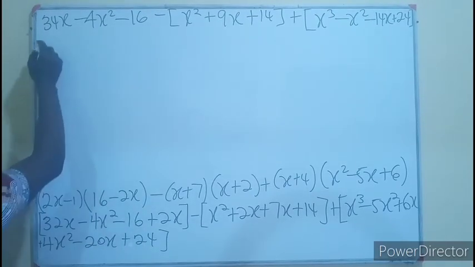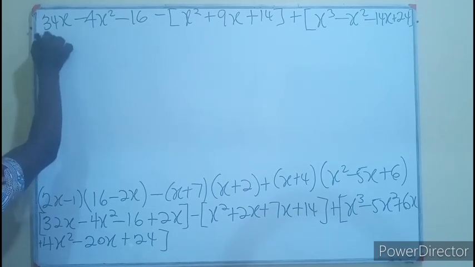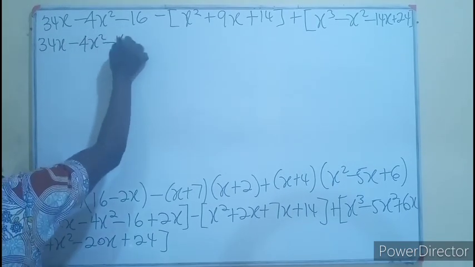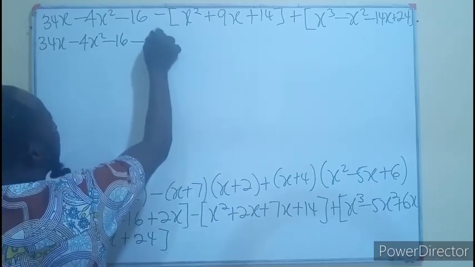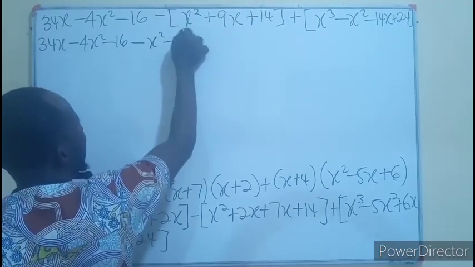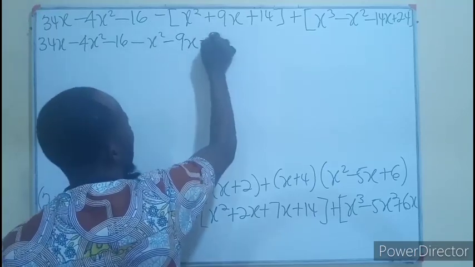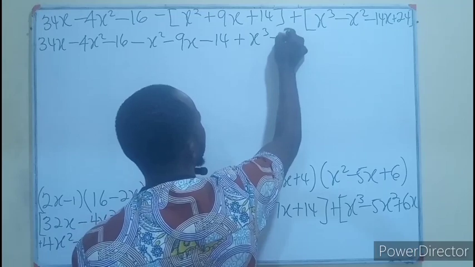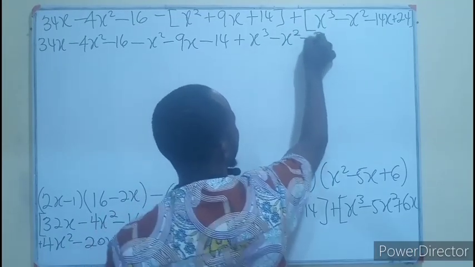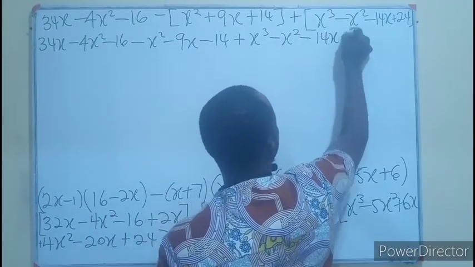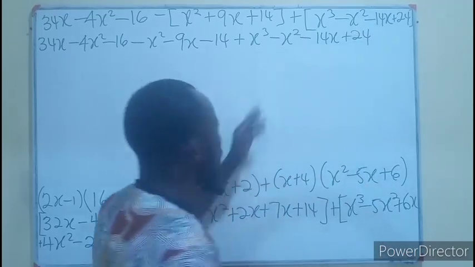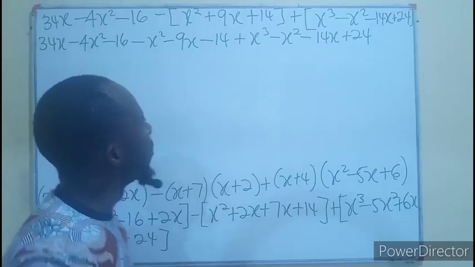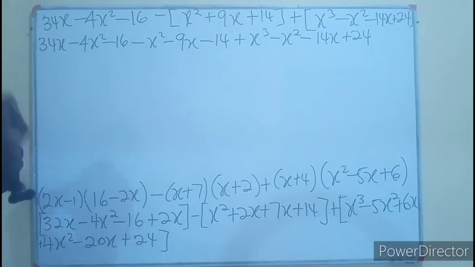So I'll be having 34x minus 4x squared minus 16, minus x squared minus 9x minus 14, x to the power 3, x squared, 14x, 24. Don't forget there's no negative here, so we maintain all the signs of the terms in that bracket. All right, what do we do next?